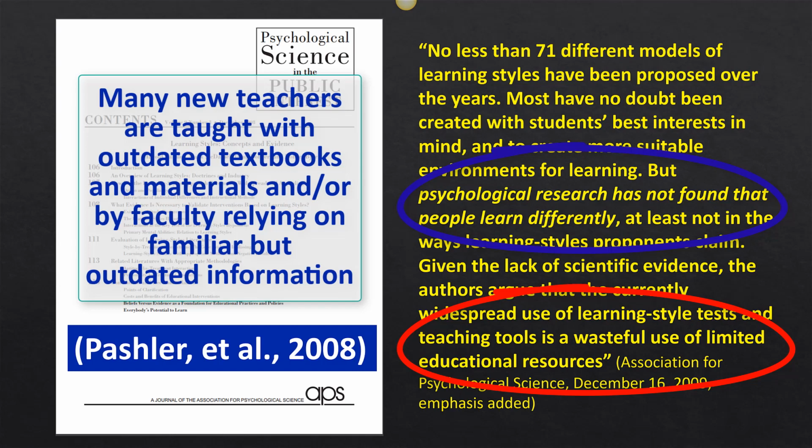And so even to this day, current K through 12 teachers espouse the importance of learning styles and even talk about this theory with their students to explain why they're teaching the way that they're teaching. And primarily what they're doing is relying on outdated evidence. They're relying on things coming out of textbooks and studies cited in those textbooks that came out well before the 2008 meta-analysis that essentially concluded that all of this is wrong and that learning styles really don't improve learning outcomes for kids.